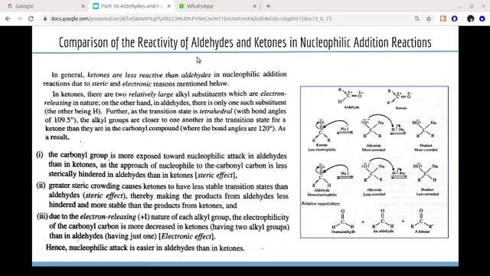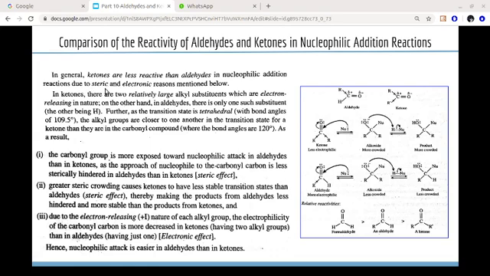Let us know about the reactivity of aldehydes and ketones in nucleophilic addition reactions. Here we can compare their reactivity. In general, ketones are less reactive than aldehydes in nucleophilic addition reactions due to two reasons.